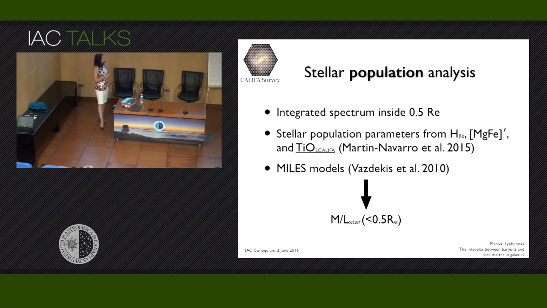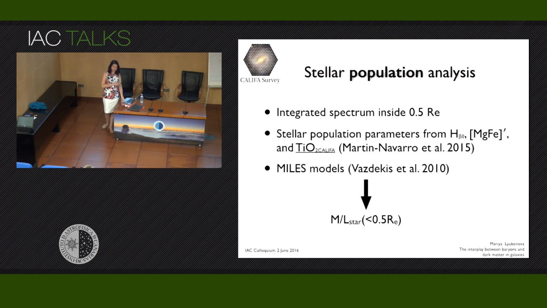All this work was done in the framework of the MILES models. And with that, we obtained the stellar mass-to-light ratio inside the same aperture as we use for the dynamical model. So we are comparing again apples with apples. Why did we choose the MILES models?